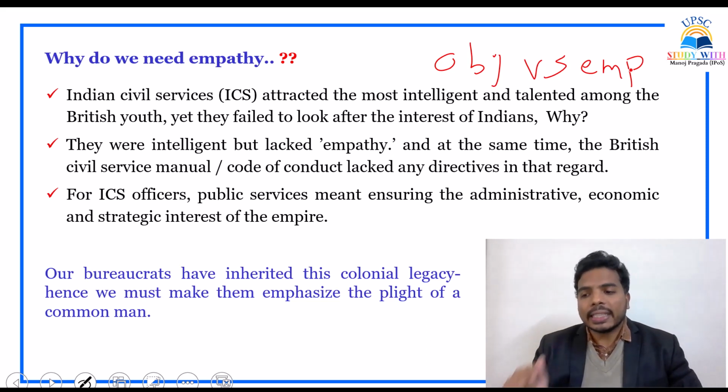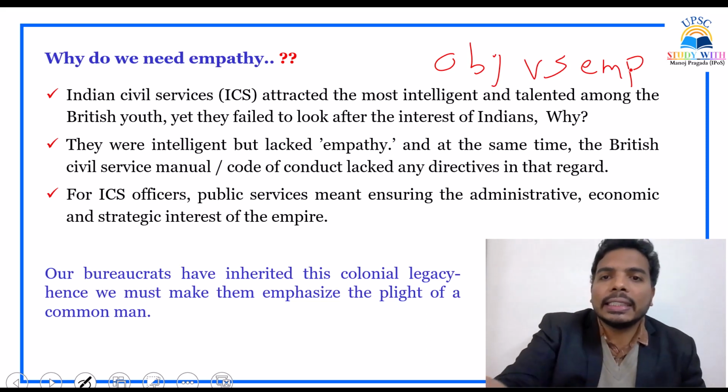How will they live? He has kids also. If I think from that perspective, I cannot kill that terrorist. Then that terrorist will be a threat to the society. He will kill so many individuals later. See, this is the basic contradiction in both the values, objectivity versus empathy.